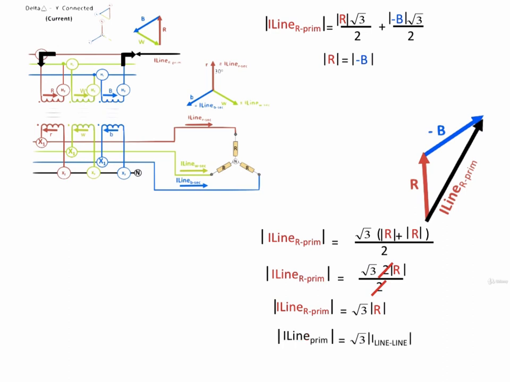You can say it in general terms also: the current flowing in the primary line, depending on which phase you're talking about, is equal to root 3 times the current flowing in the winding of the associated transformer leg. And I've called that I subscript capital line to line, so we know we're talking about the primary side.